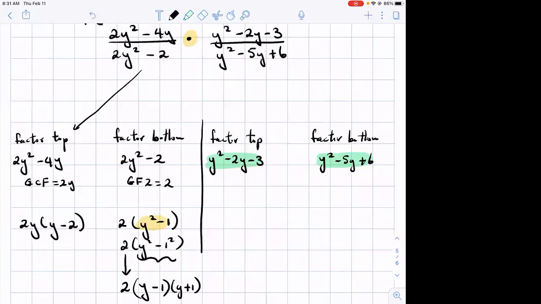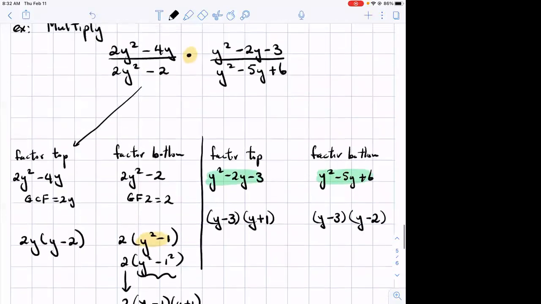If we do this, we should get y minus 3 times y plus 1. Okay? If you have to take a minute and look back at your notes or video on factoring quadratics, then please do so. And likewise, if we factor this quadratic here, we should get y minus 3 and y minus 2.